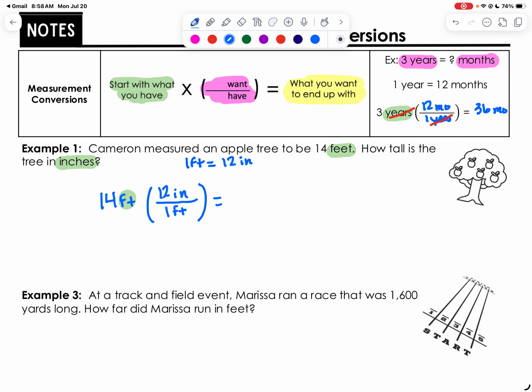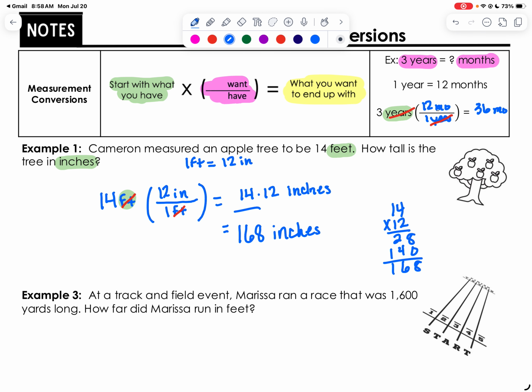And that's going to give us what we want to end up with. So the feet will cancel with the feet, and we're left with 14 times 12 inches. So let me just multiply that real quick over here. 4 times 2 is 8. 2, put the 0, 4, 1, 8, 6, 1. So that would be 14 feet would give me 168 inches.